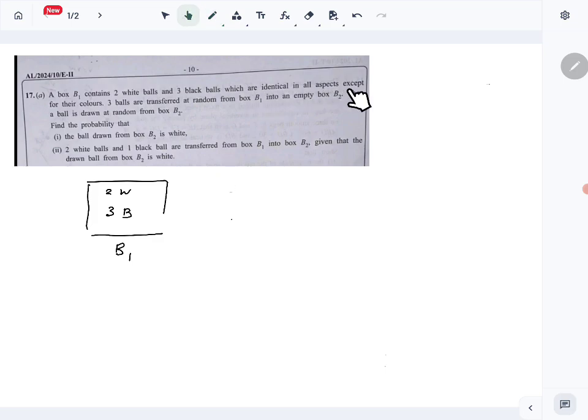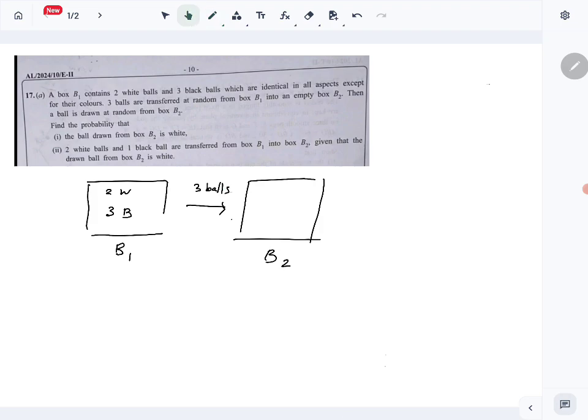Then they are identical in all aspects except for their colors, right? After that, they are saying three balls are transferred at random from box one into an empty box B2, right? So there's another box B2 which is empty, and we are going to transfer three balls at random to box 2.